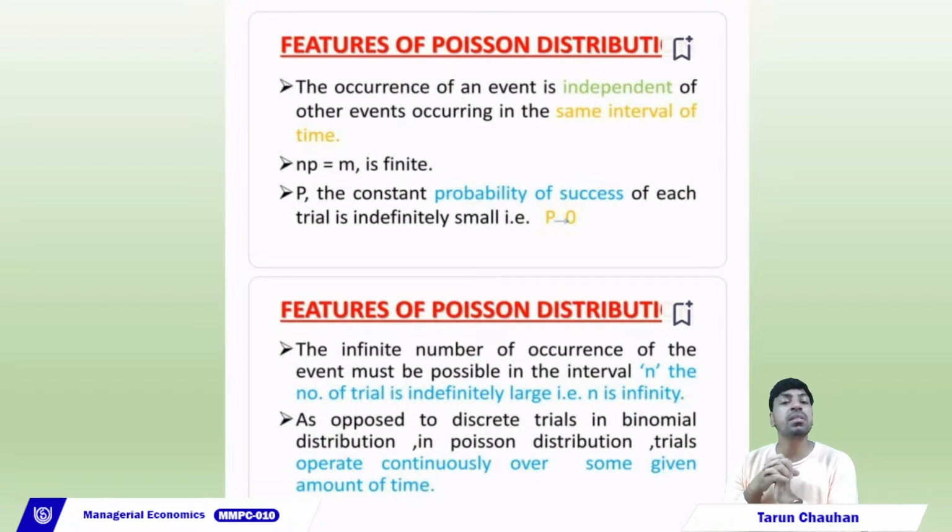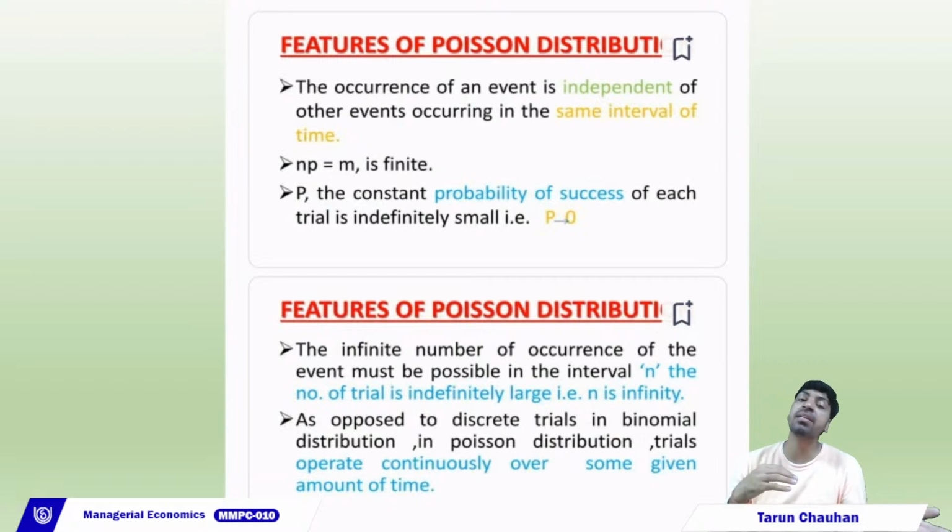p is a constant probability of success, which is always a small value. That is called the probability of success. n is the number of trials, and definitely it would be large. n could be infinite, but np equal to m is finite.